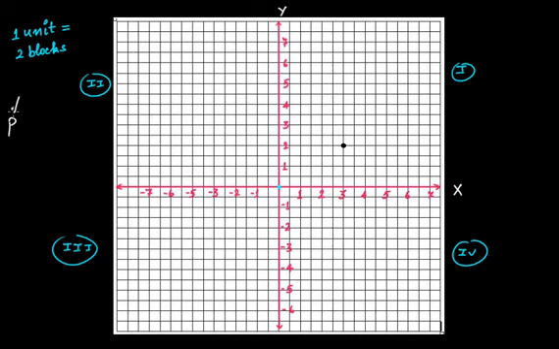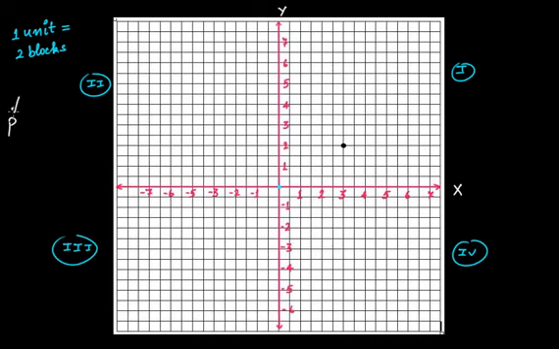One will be abscissa and one will be ordinate. Abscissa and ordinate. Each coordinate has 2 parts, abscissa and ordinate.